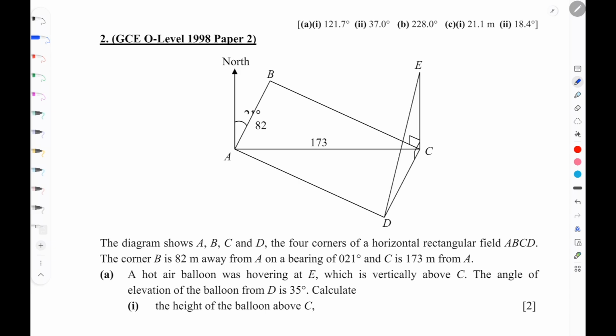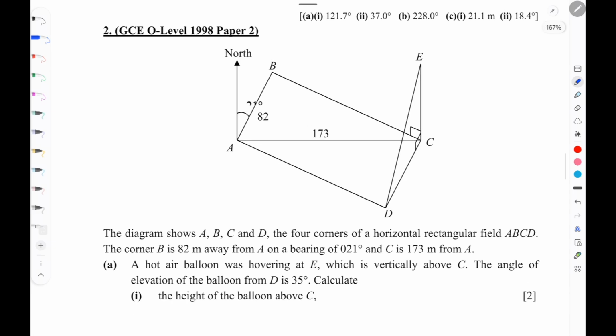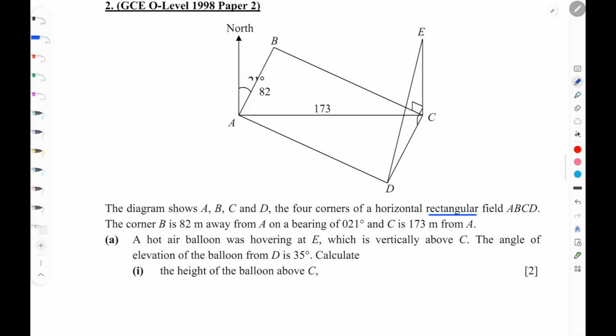Okay, the diagram below ABCD shows four corners of a horizontal rectangular view of ABCD. The corner B is 82 meters away from A, bearing of 021 degrees, and C is 173 meters away from A. Okay, so over here just 0, 2, 1.